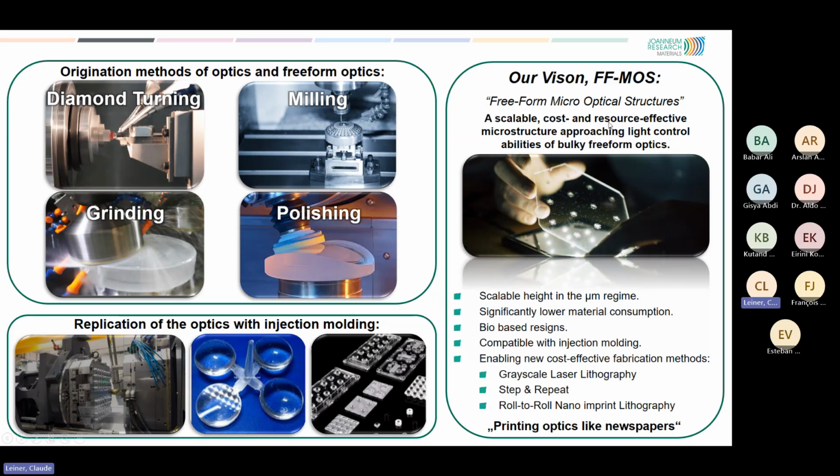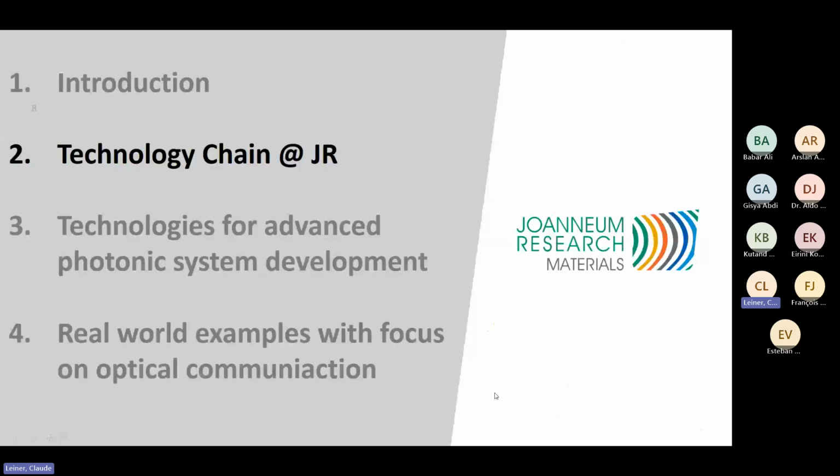What we are doing is flat freeform micro-optics, and we can make them with laser structuring methods, and we can replicate them with ultraviolet nanoimprint lithography. But it is also possible to make them with injection molding. So this is only for my topic a little bit.